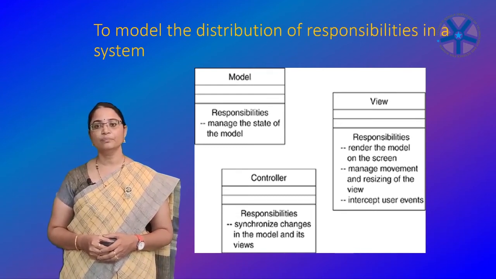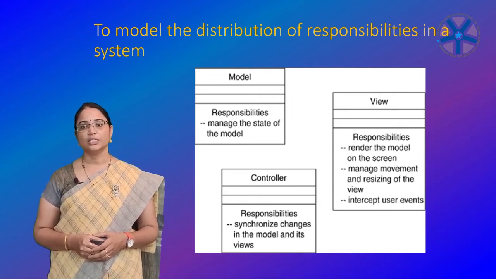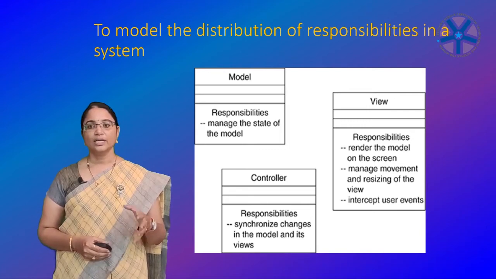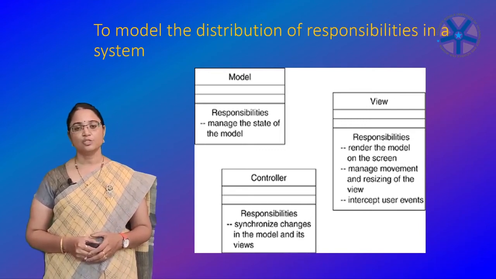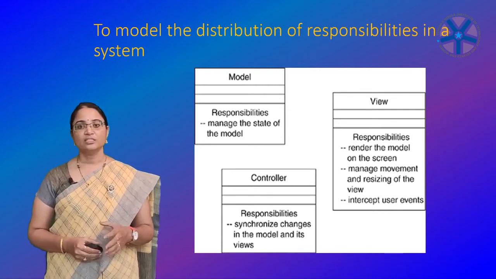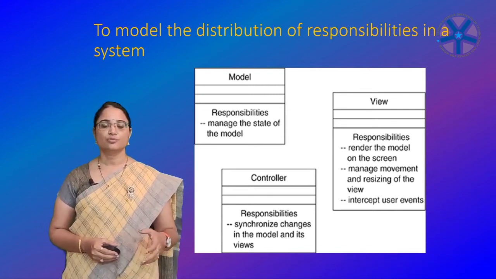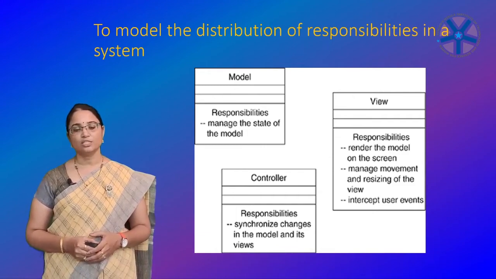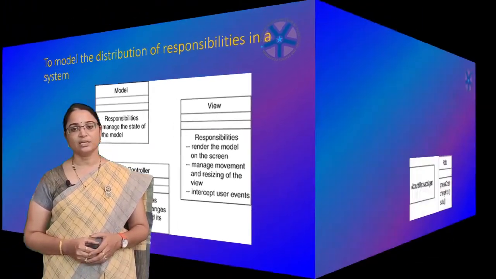Coming to the view, it renders the model on the screen, manages movement and resizing of the view, and intercepts user events. These are the responsibilities performed by the view. And coming to the controller, it synchronizes the changes in the model and its views. That will be done by the controller. These are the responsibilities given by the MVC architecture.